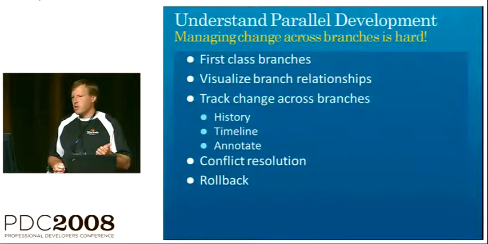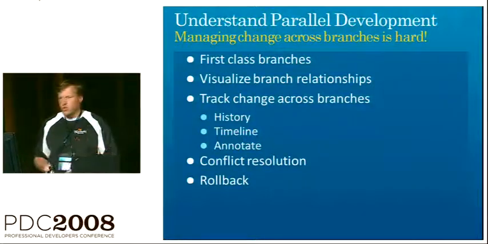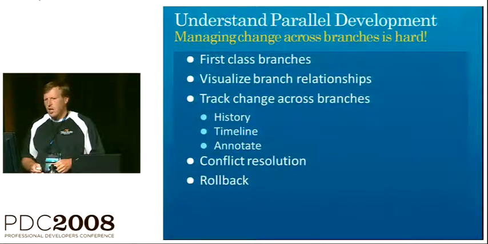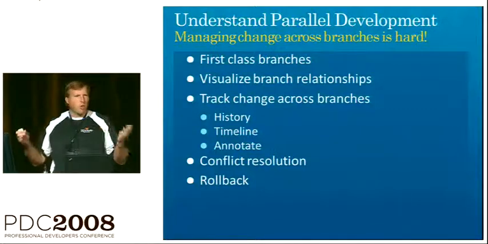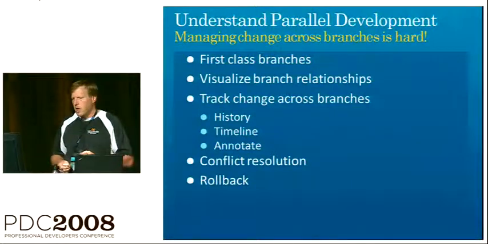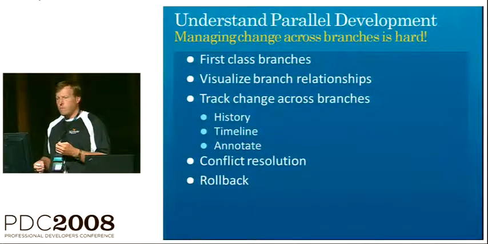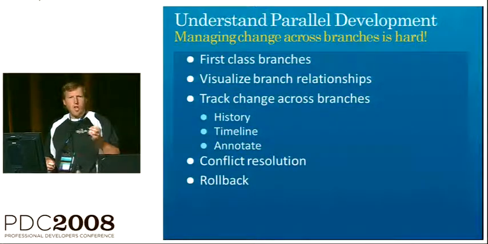First, we've made branches first-class citizens. They are real objects in the system. I'm going to show you how to think about that. We've added tools for visualizing branches, to draw pictures of your branch tree and manipulate that tree graphically. We've gone through all of our features that manage history and extended them to all understand merges and tunnel through merges.